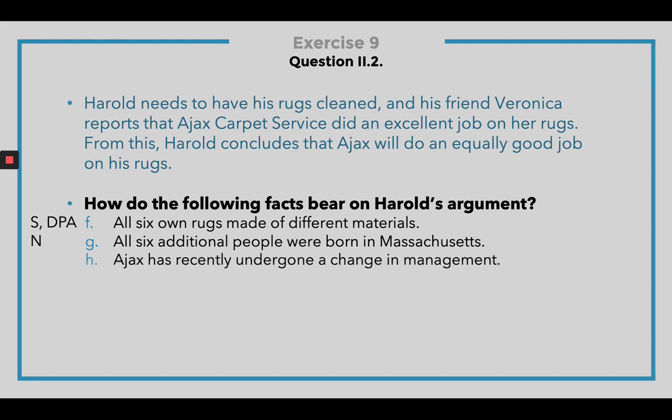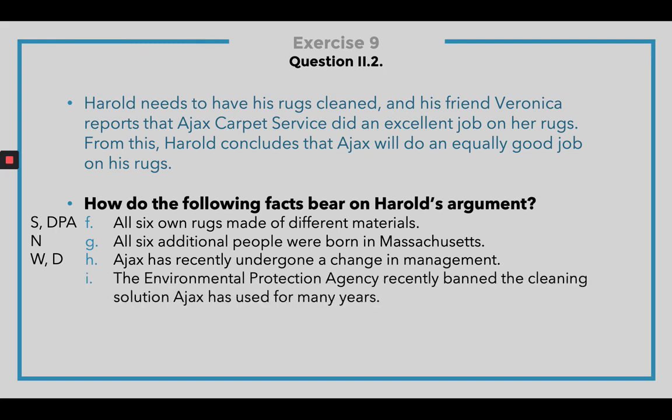Say we learn that Ajax has recently undergone a change in management. Ooh, that's going to lower our confidence in the analogy, right? We're going to have a weaker analogy because, again, there's a disanalogy here. There's a difference between the cases: these 7 people had their rugs cleaned under the previous manager, and now we've got a new manager.